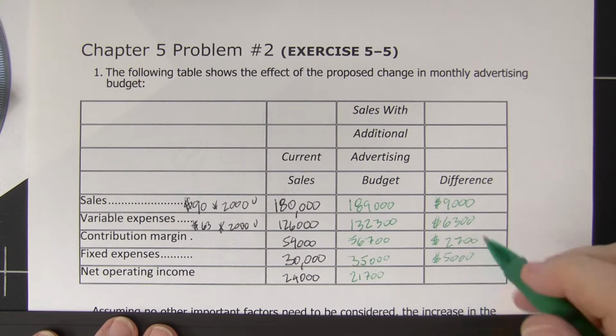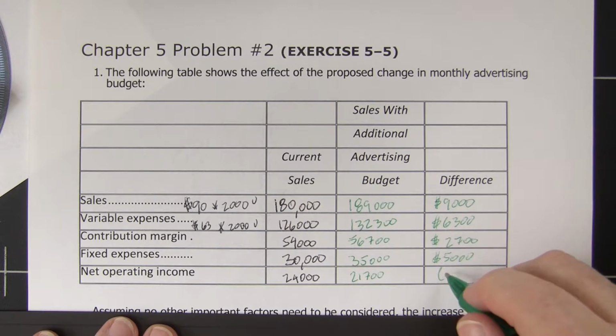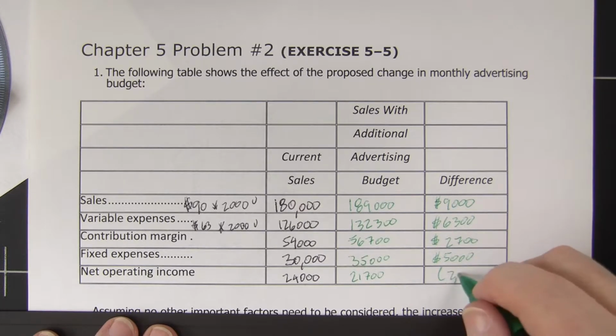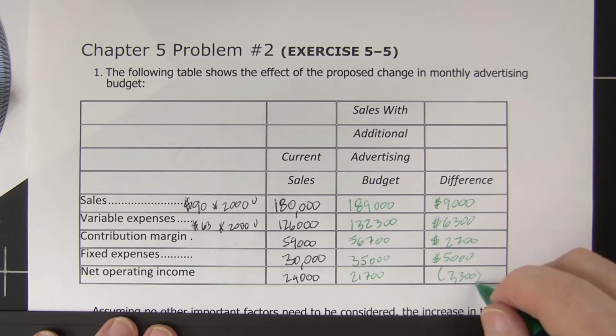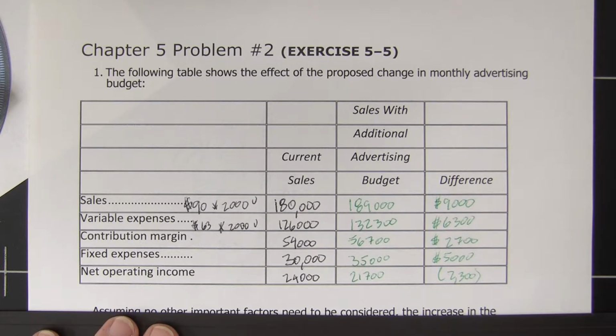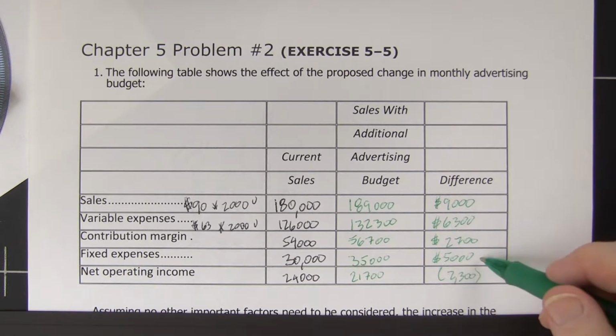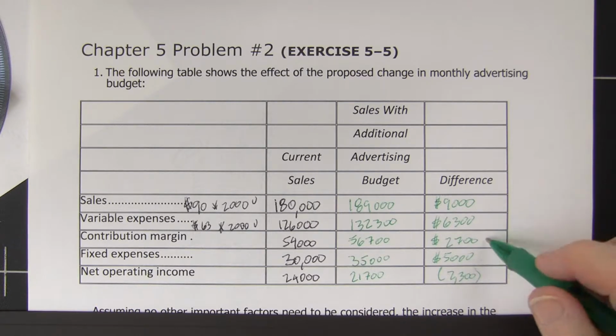And our net operating income went down $2,300. So it was 24. It is now 21.7.